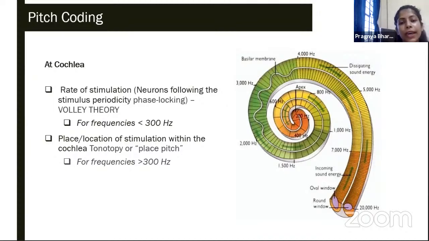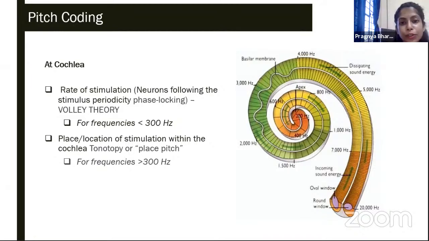For lower frequency sounds, our auditory neurons are highly phase locked to the incoming stimulus, and they are able to fire at a rate which corresponds to the frequency of the incoming stimulus, and that is how they are able to code for frequencies. But this ability is limited to very low frequencies, generally below 1500 hertz. For higher frequencies above 1500 hertz, our cochlea mainly depends on the site of stimulation.